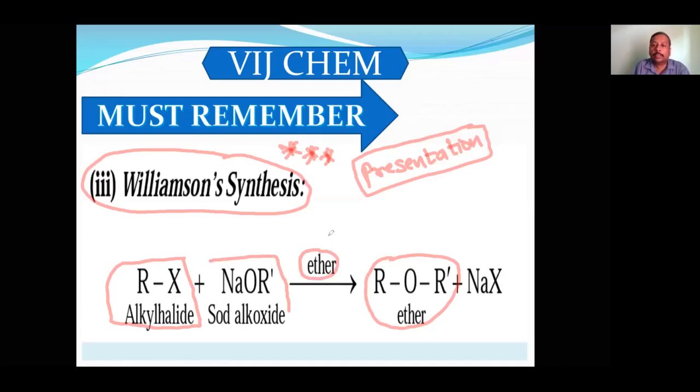So if you have to write the short note, what you have to write? Williamson synthesis is preparation of ether by treating alkyl halide with sodium alkoxide in presence of ether. Understood? So this is the Williamson synthesis preparation method.